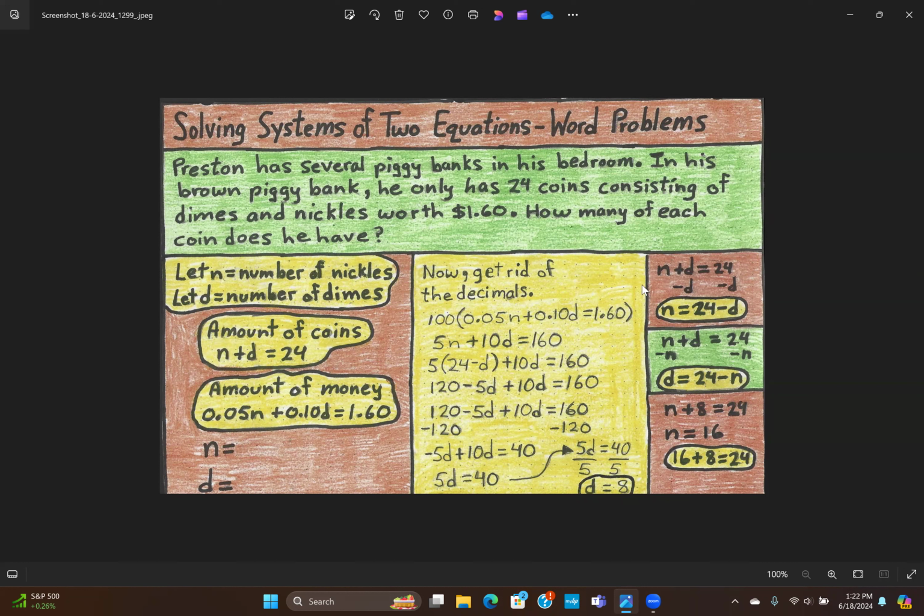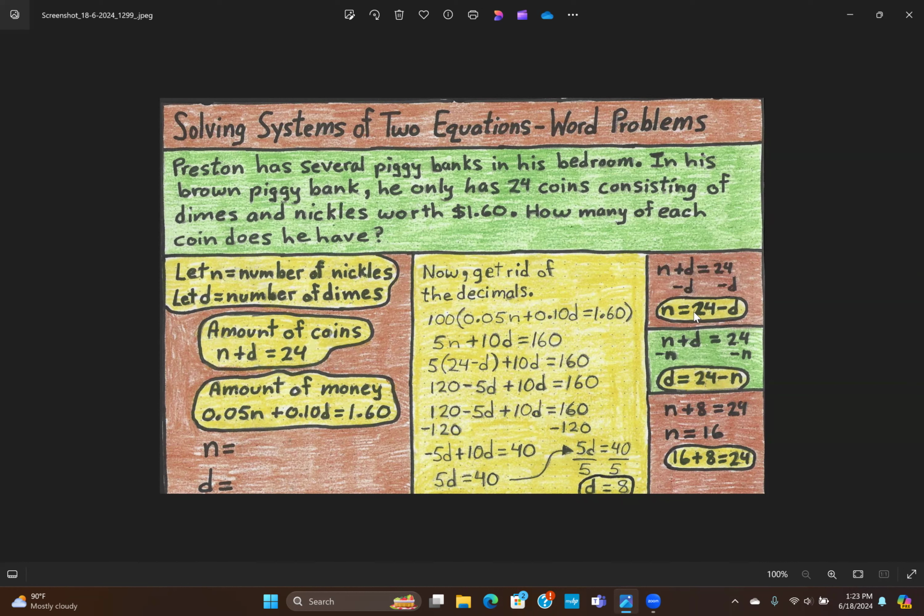What we can do is subtract d from both sides, and we can say that n, or the number of nickels, is equal to 24 minus d. We could have done the same thing to find out how many nickels there were by just subtracting n from both sides and saying that d is equal to 24 minus n.